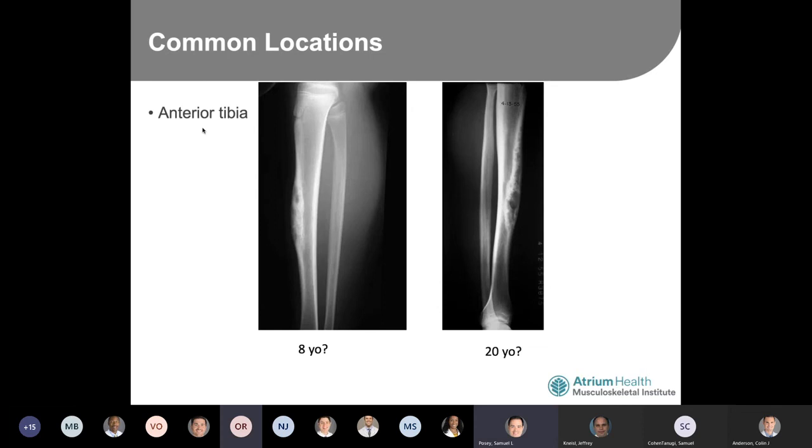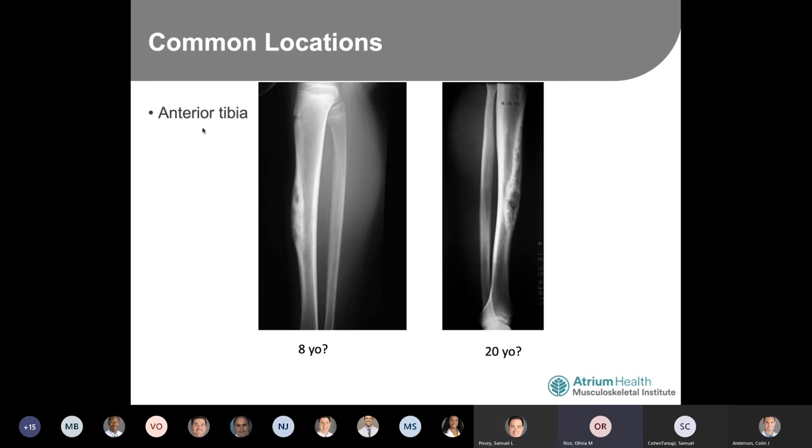Yeah, I can give it a try. Okay, so are those two different patients? Yes. Okay. So why don't you start with the one on the left? That looks like a lateral of the tibia. There is a pretty well circumscribed lesion in the tibial diaphysis.